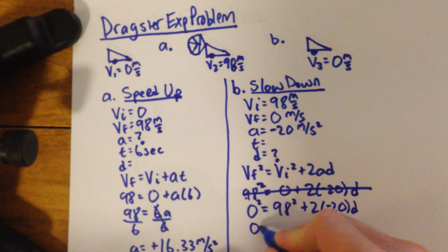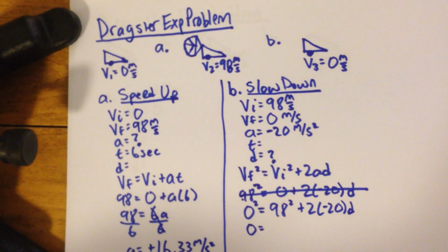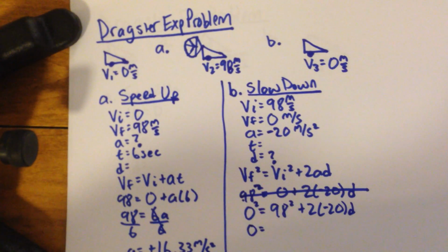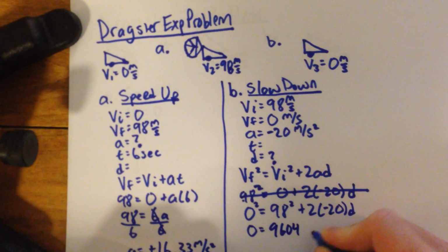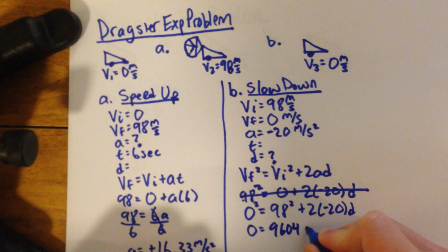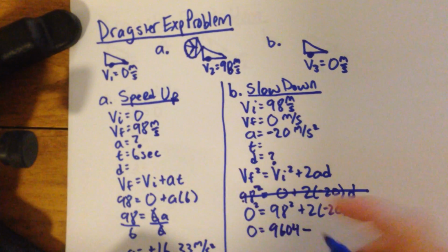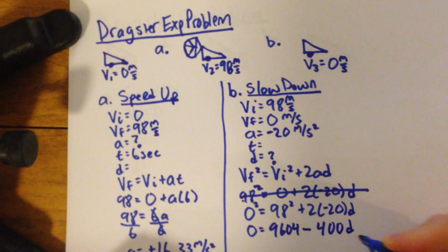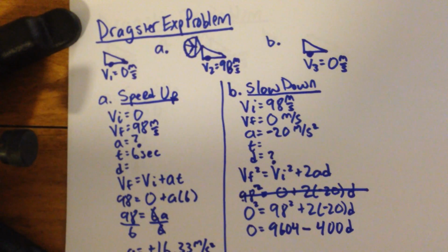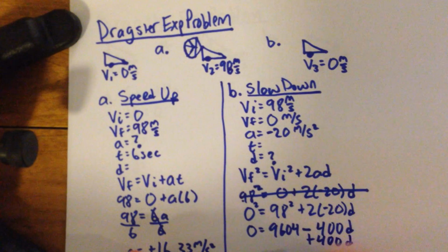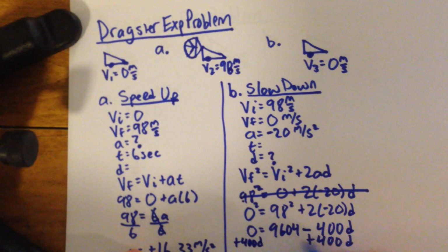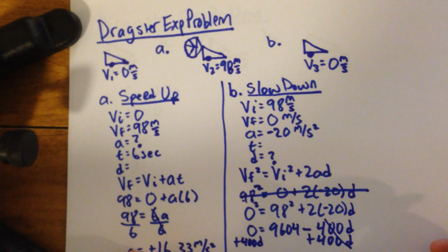So we could write 0 equals 98 squared. I don't like to look at squared, we'll just do 98 times 98. What does that get us? It is 9604. Then 20 times 2. In fact, it's a negative 20 times 2, so it turns it negative: negative 400d. I'm going to bring that 400d over to the left side of the equal sign and add it to either side. Alright, cancels right there.